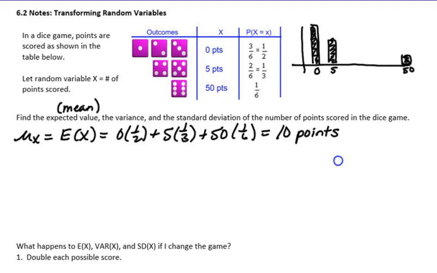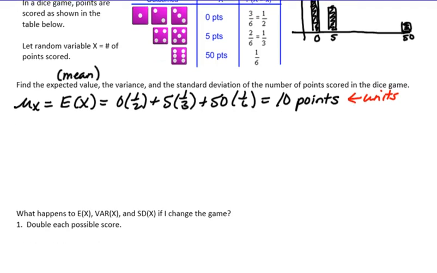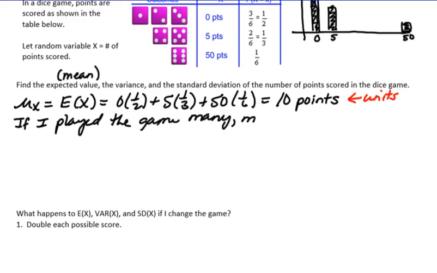It is important to use units here because we are talking about a certain context. Let's stop and talk about what this means. If I played the game many, many times, because this is the very long run probability, I would average about 10 points per game.